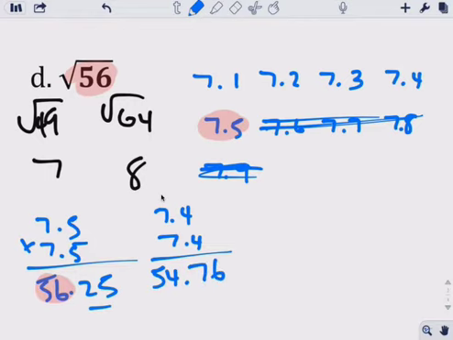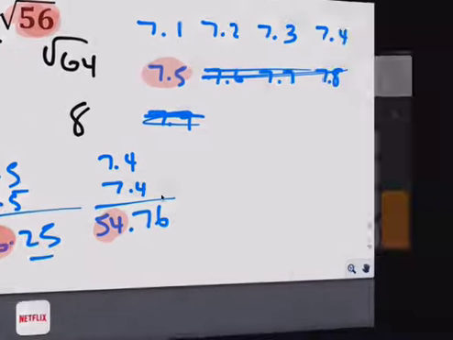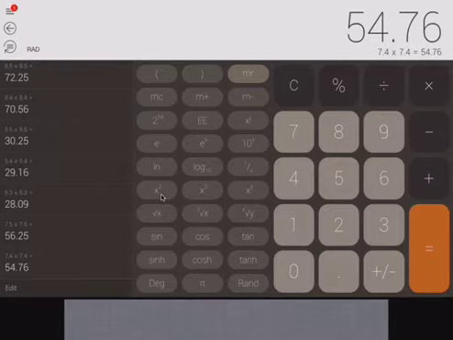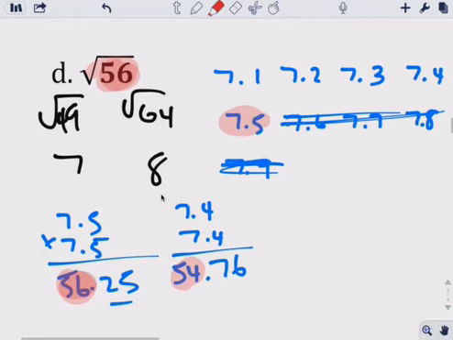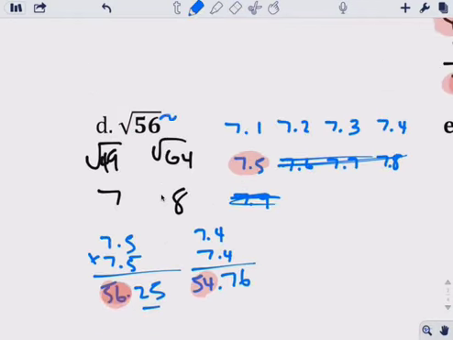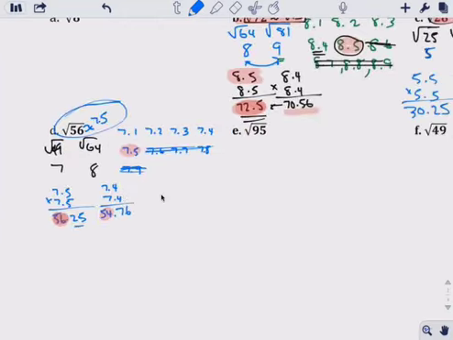Wow, that's close. 7.4 is closer? No, this is 54 and this is 56. Definitely 7.5. Let me see. Did I read it wrong? No, I did not. Okay, so our answer, the closest answer to 56 is 7.5. That's our answer.